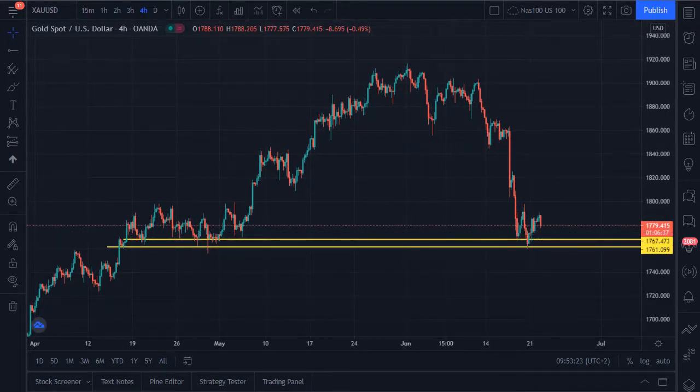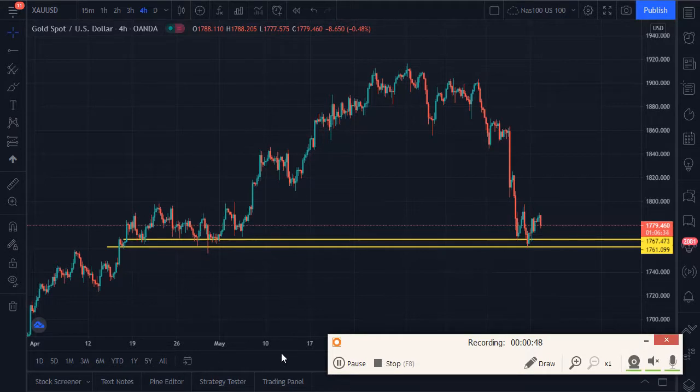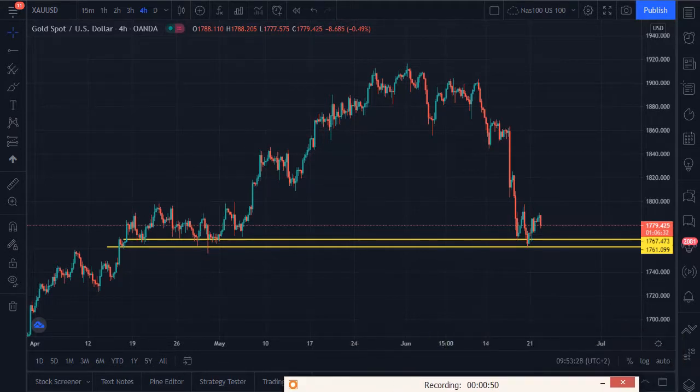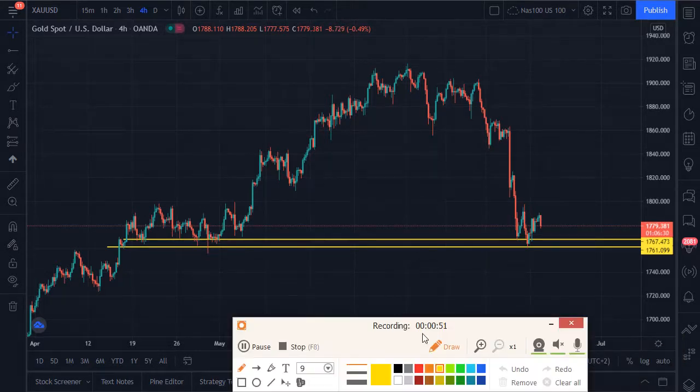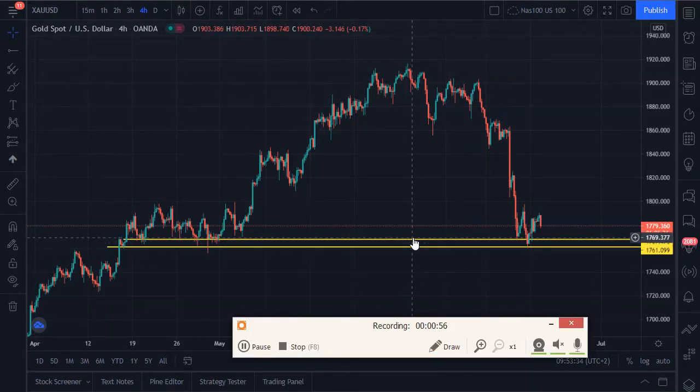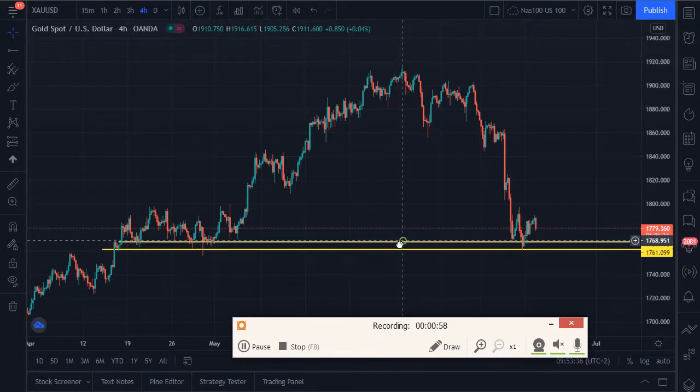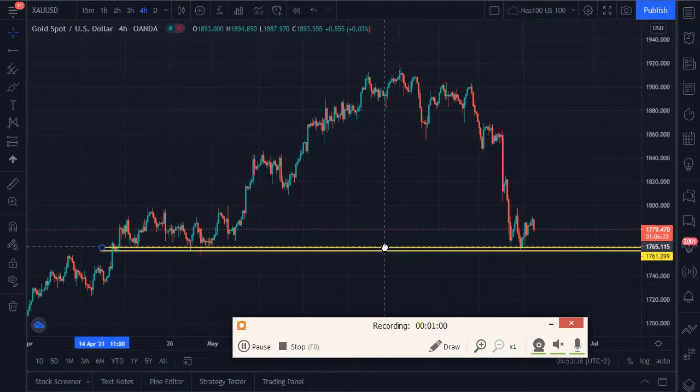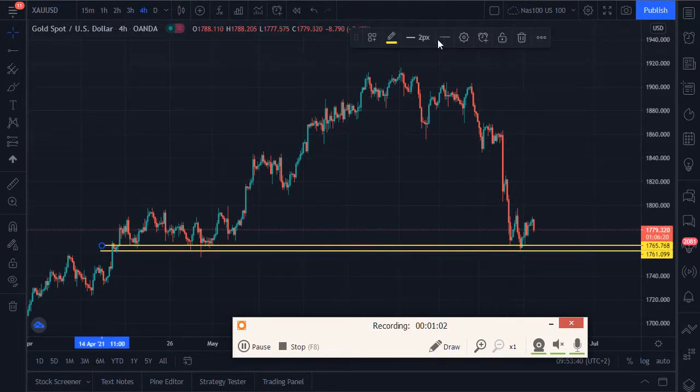Let's say the market, I just want to show you, this is a very good skill that you can get out there. Let me make it a dotted line.